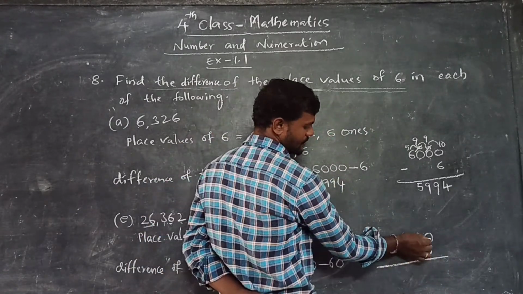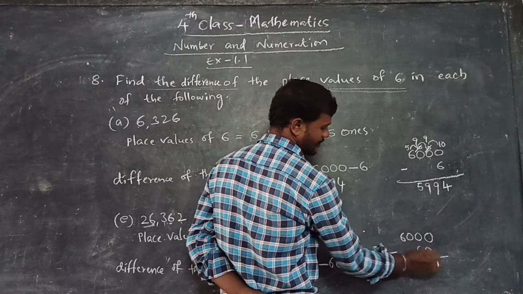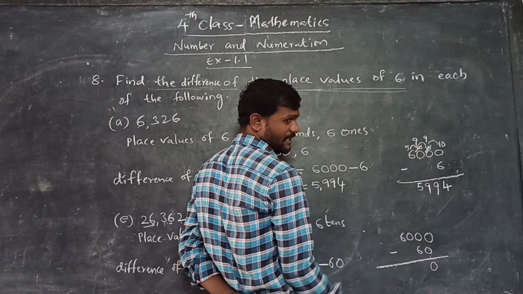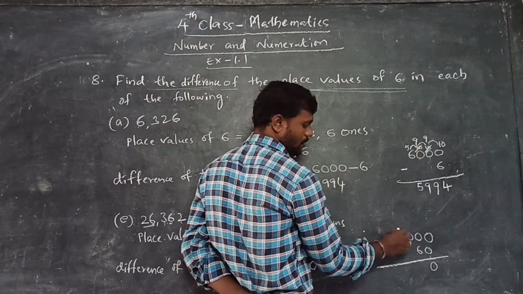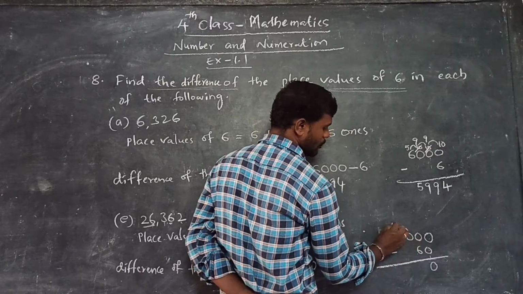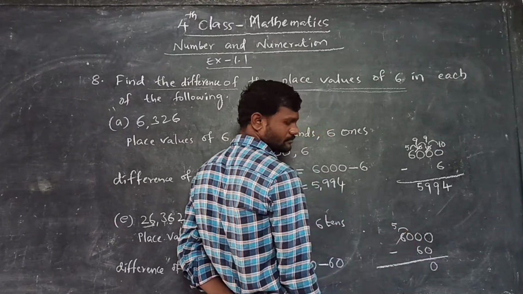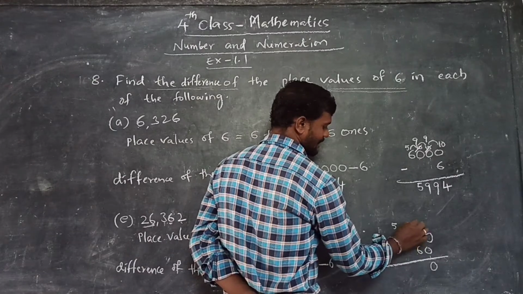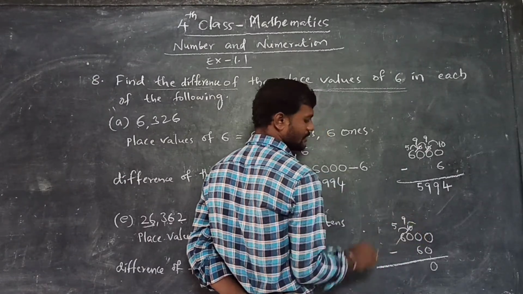Okay. First 0 minus 0. Directly we will get 0 only. 0 minus 6, not possible. So what do we have to do? Borrow. Borrow from 6. One is borrowed, so remaining how much? 5. Then it becomes 10, but again 1 is borrowed, so the remaining is 9.